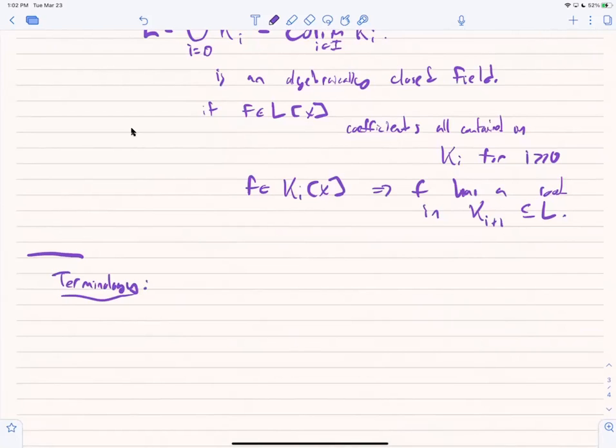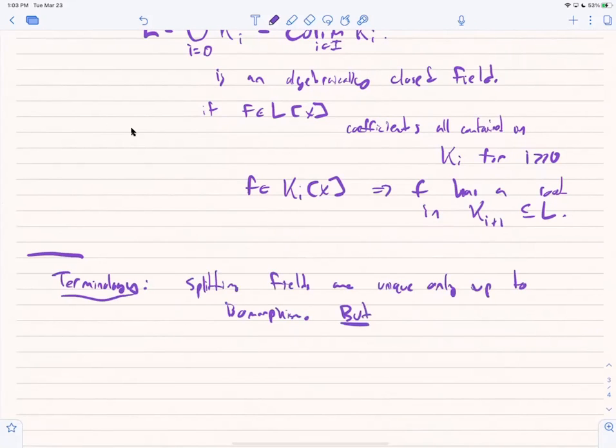Splitting fields are not unique, in the sense that there are multiple splitting fields, but they're unique only up to isomorphism. This is something we've seen before.